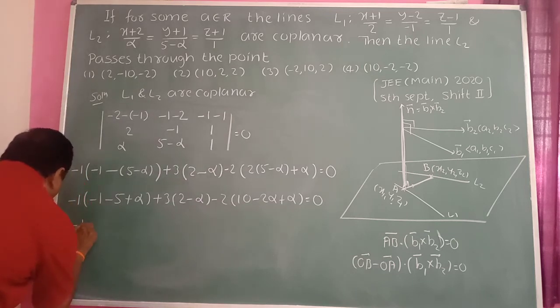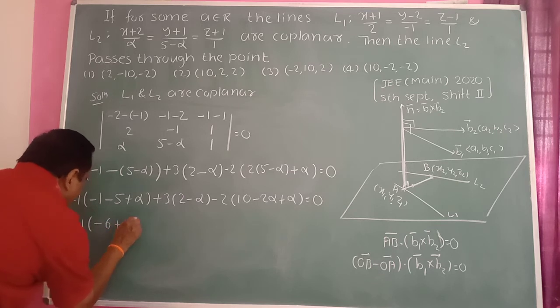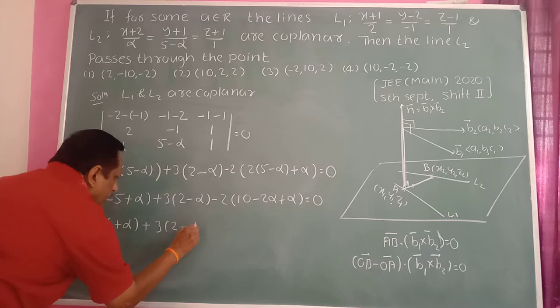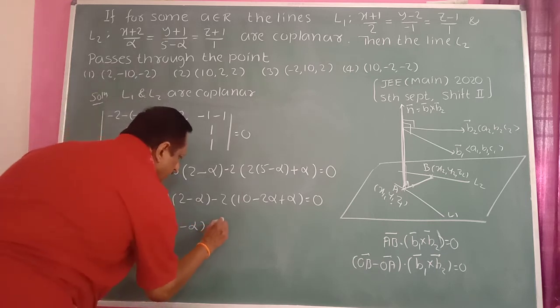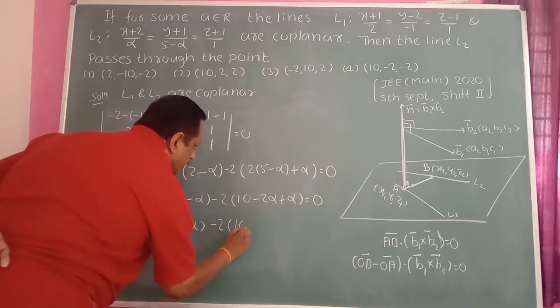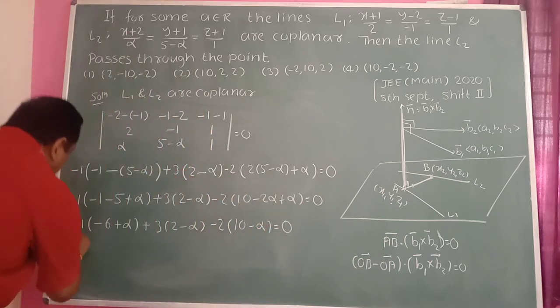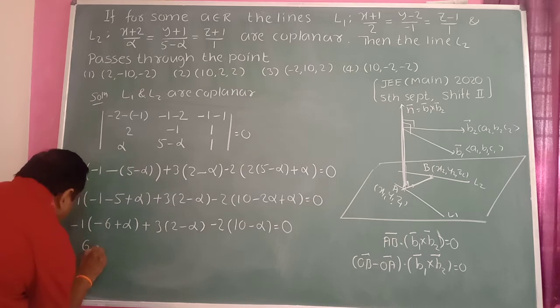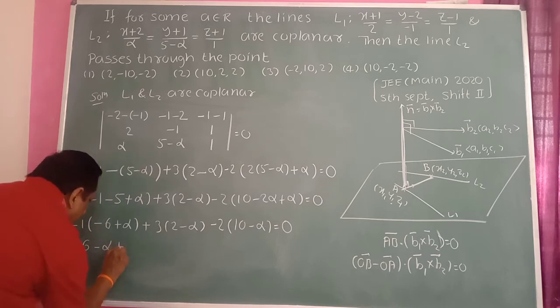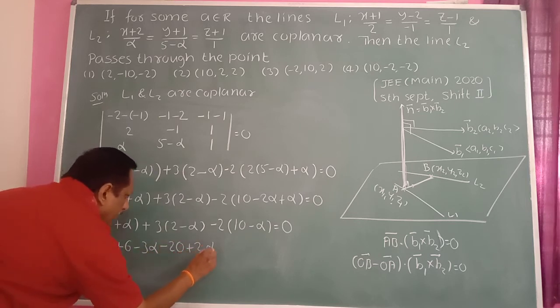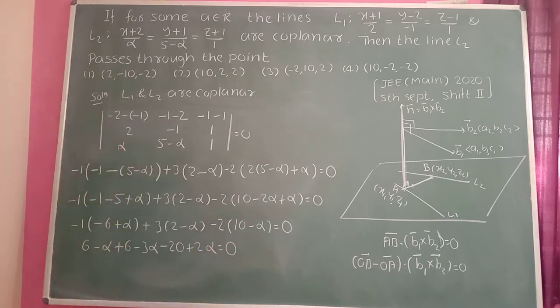Therefore minus 1 minus 5 is minus 6 plus alpha, plus 3 into 2 minus alpha, then minus 2 into 10 minus alpha, equal to 0. Then minus 1 into this, so 6 minus alpha, 3 into 2 is 6 minus 3 alpha, and minus 20 plus 2 alpha is equal to 0.